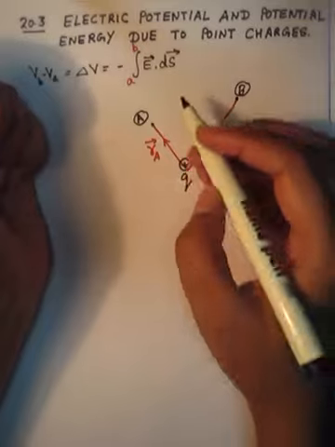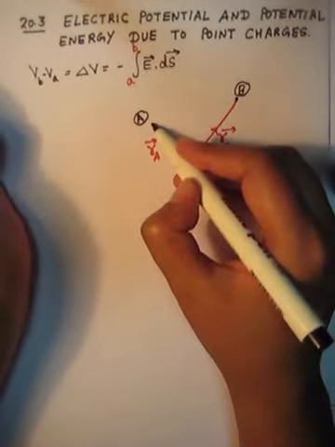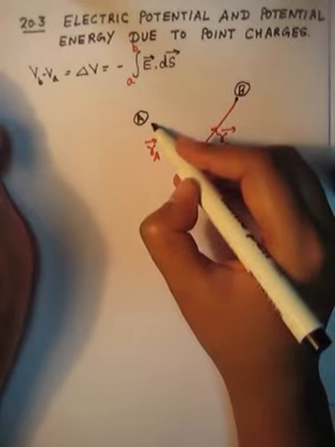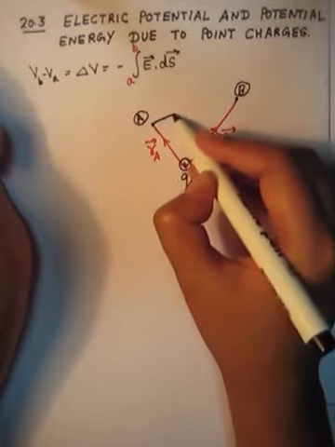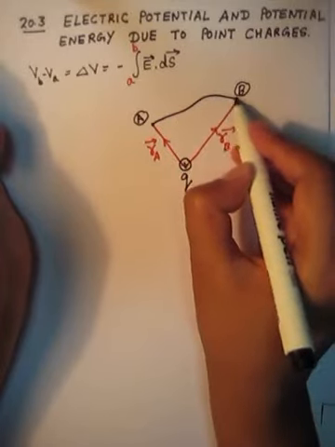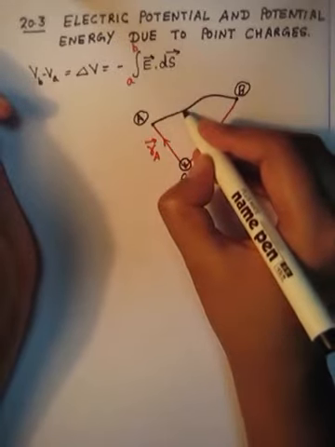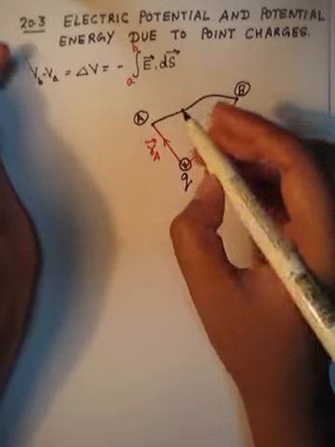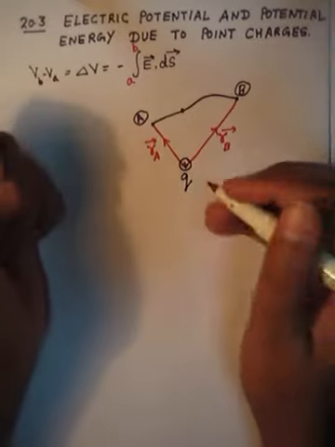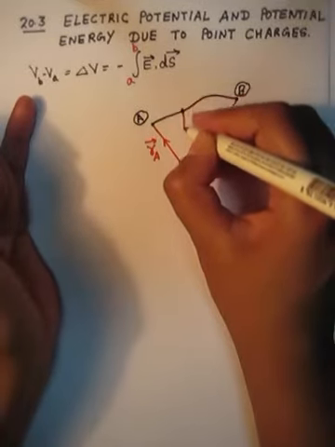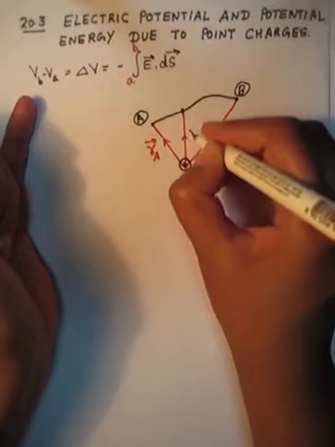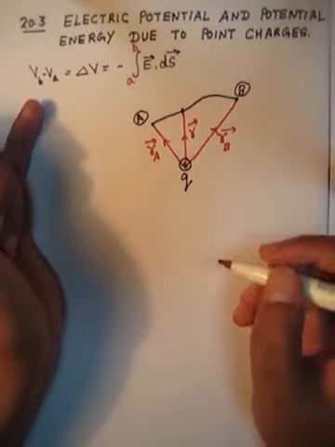Now let's say that we are moving along a path which is somewhat like this, and this point lies at some distance R vector from the charge.